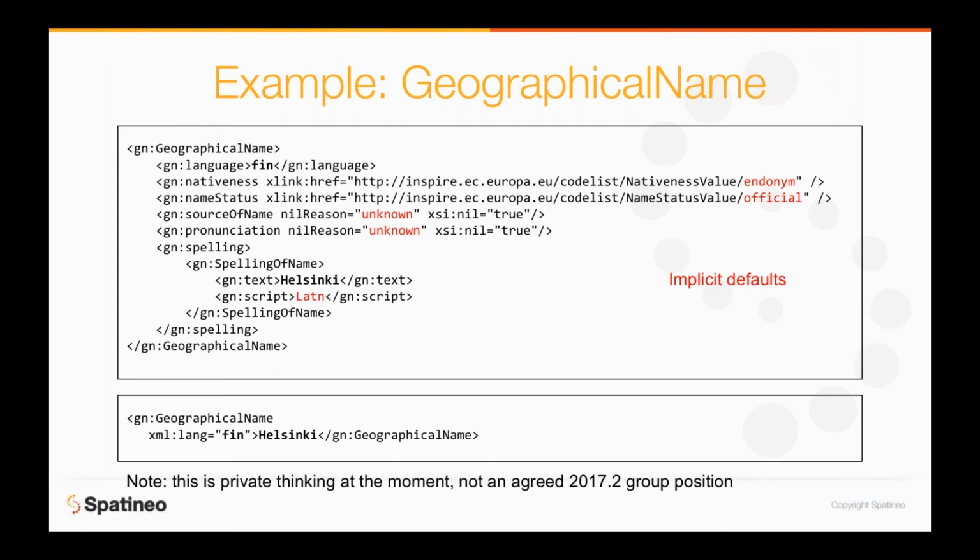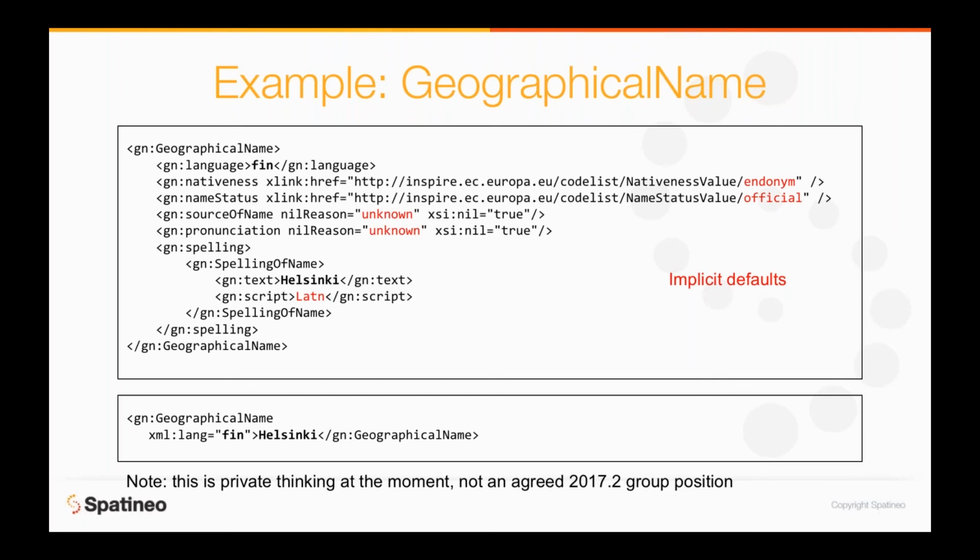You just want to say that this is the name of a place called Helsinki in Finnish. Then you will end up with a very simple encoding for this, which basically has only one XML element with one attribute, and that's it.